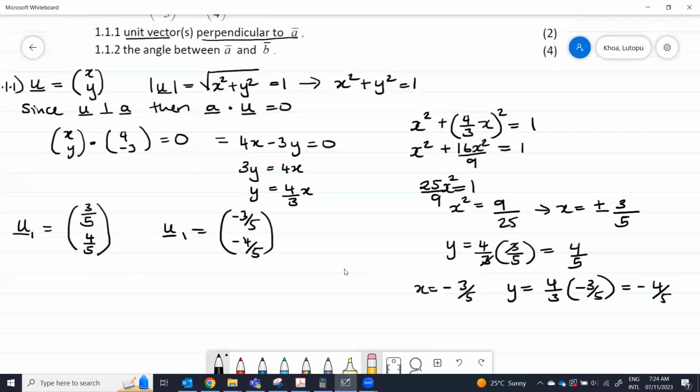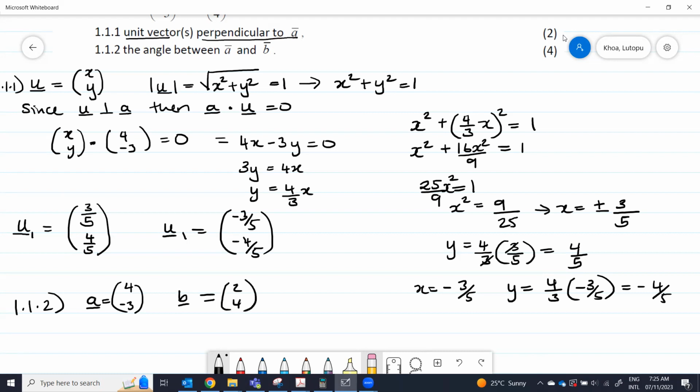Okay, the next question says find the angle between A and B. So we have our vector A, and B is 2, 4.